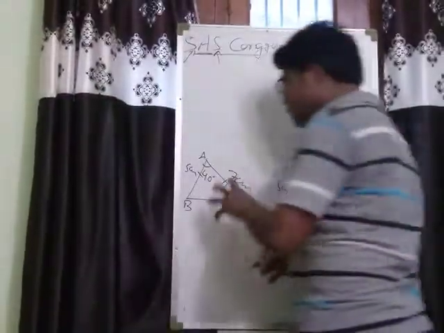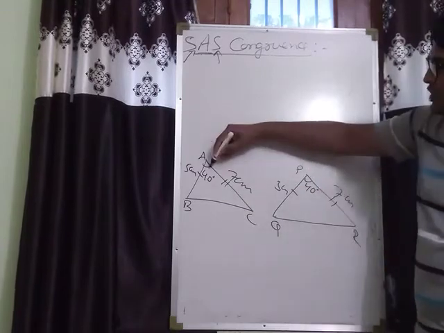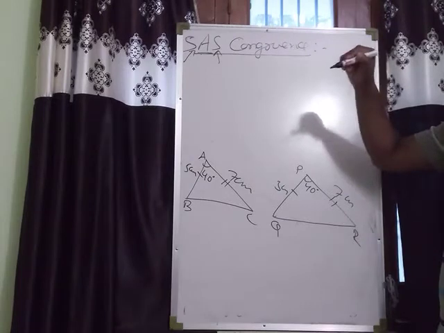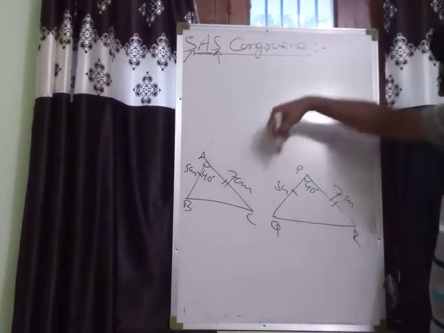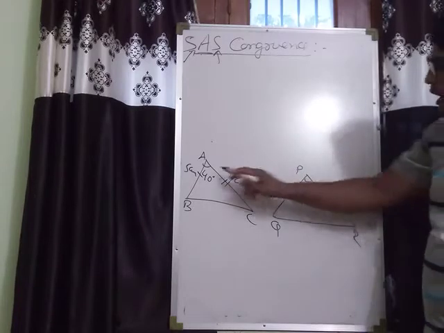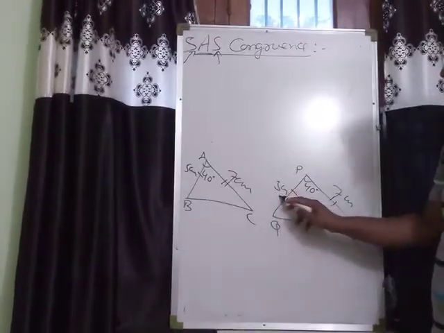See why? Because when we overlap, clearly because these two angles are equal, AB falls on PQ and AC falls on PR. And because AB is 5 centimeter, PQ will be equal to 5 centimeter.